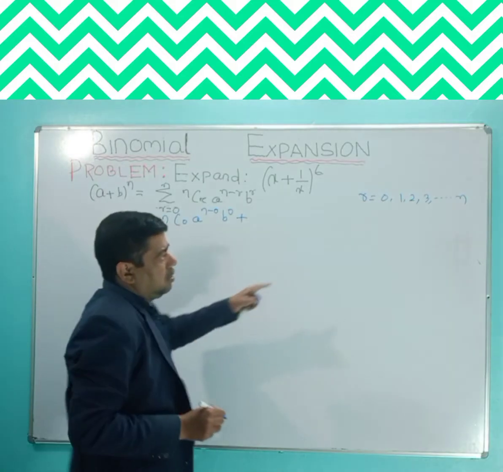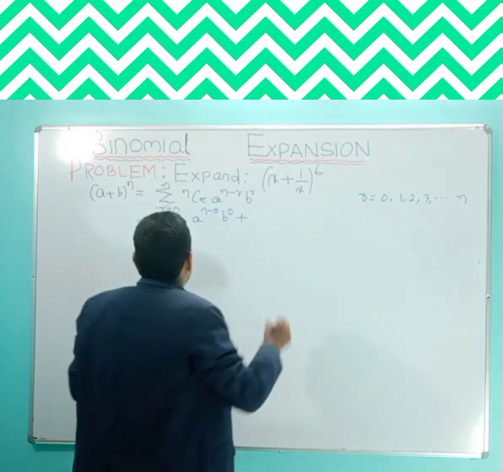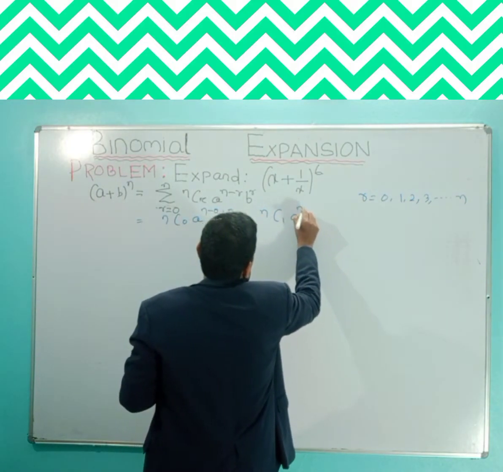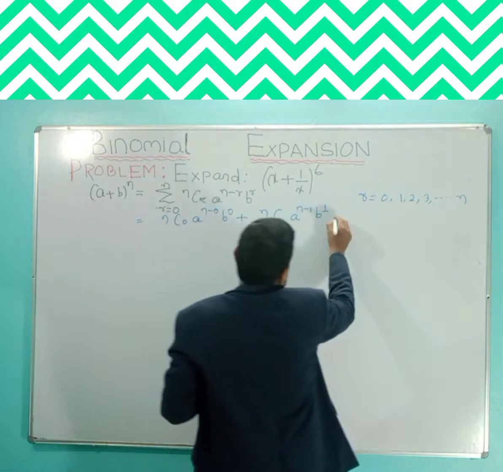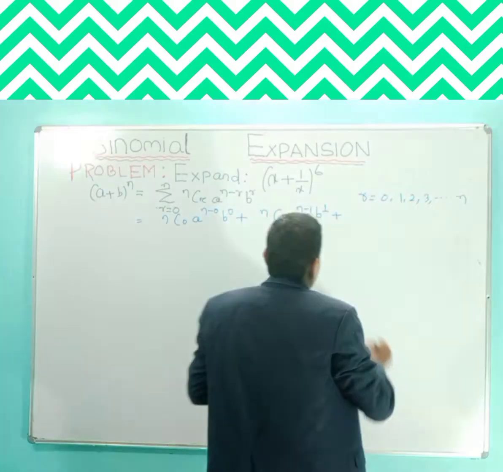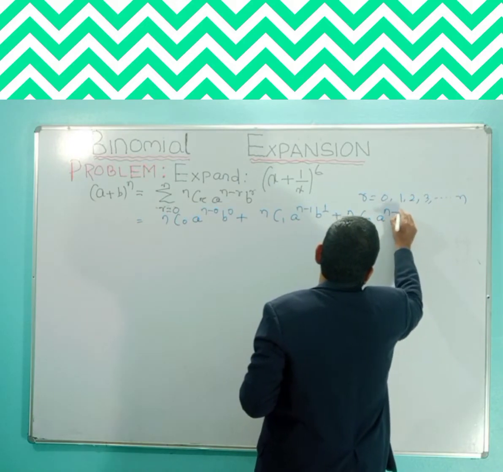After r is equal to 0, the next value is r is equal to 1, then you write nC1 a to the power n minus 1 b to the power 1, plus, then r value will be 2, nC2 a to the power n minus 2 b to the power 2.